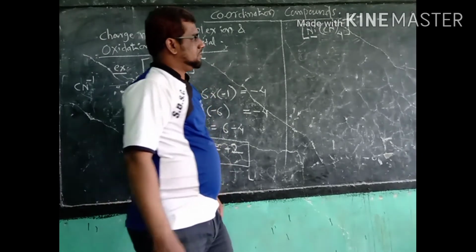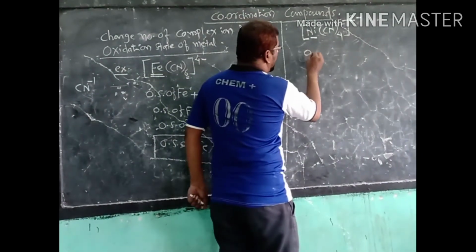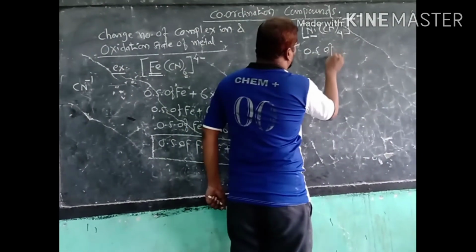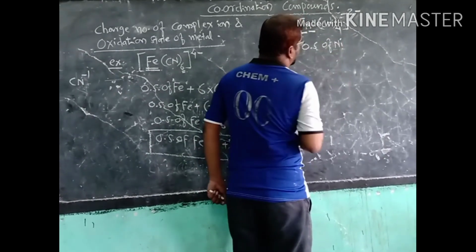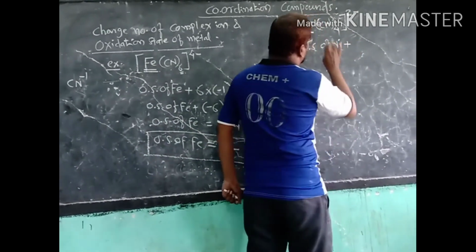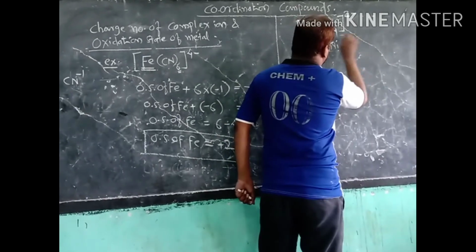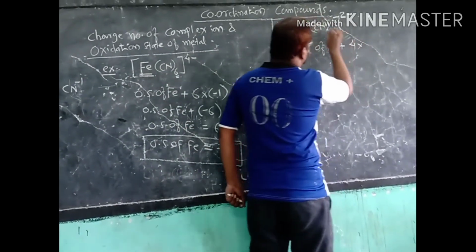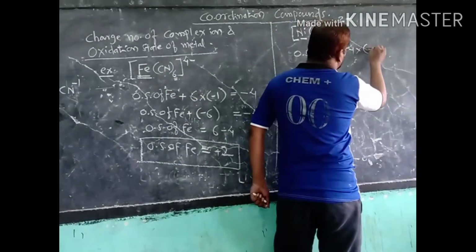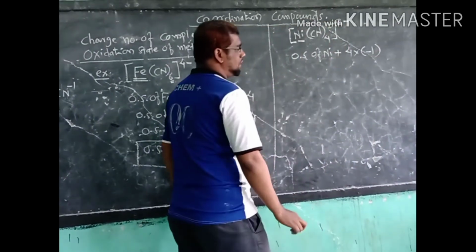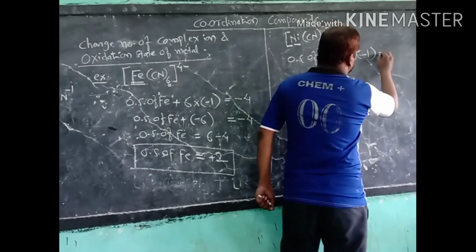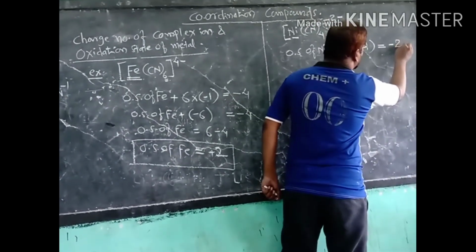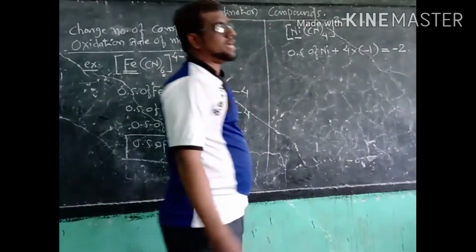We can write the oxidation state of Ni plus, there are 4 cyanides, so 4 into the charge of cyanide, which is minus 1. And the net charge, the charge number, is minus 2.